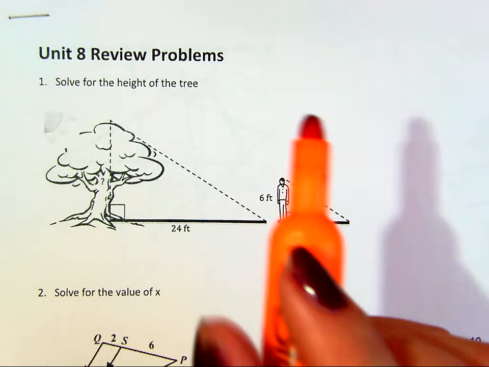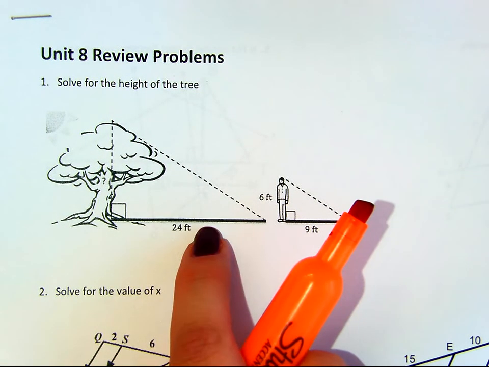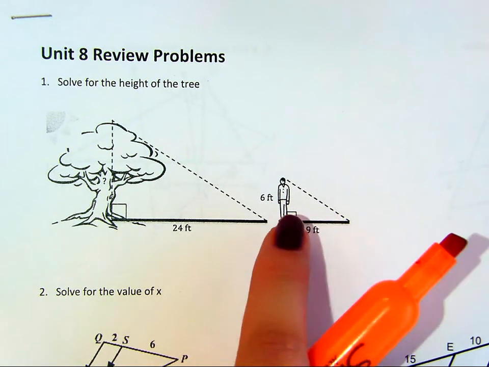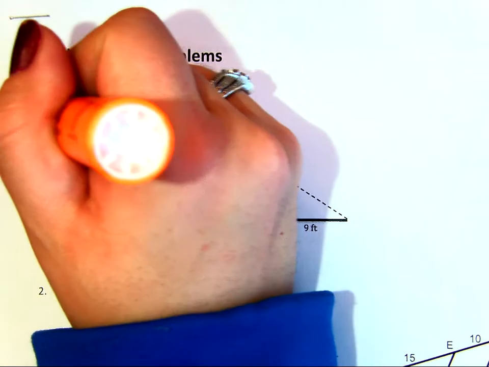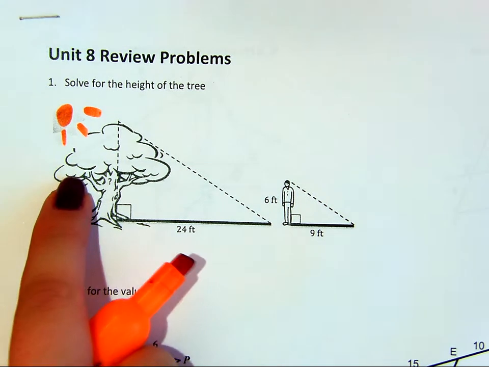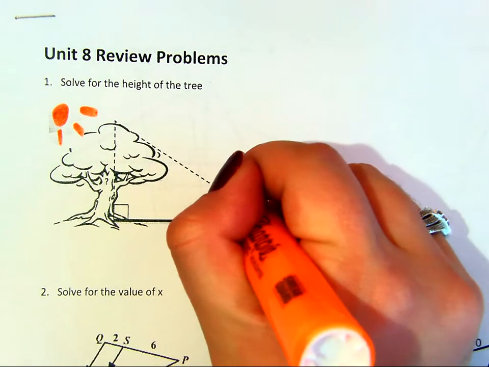Solve for the height of the tree. So this tree and this man create triangles with their shadows. So the height of the man, the shadow of the man, height of the tree, shadow of the tree. And these triangles turn out to be similar triangles because of the way that the sun is hitting both the tree and the man.